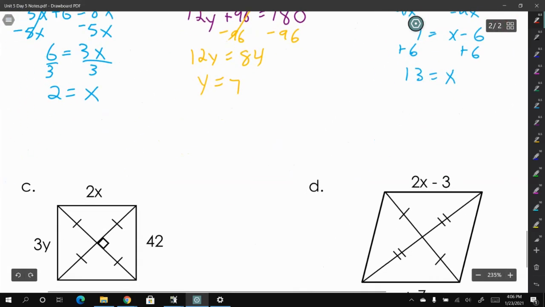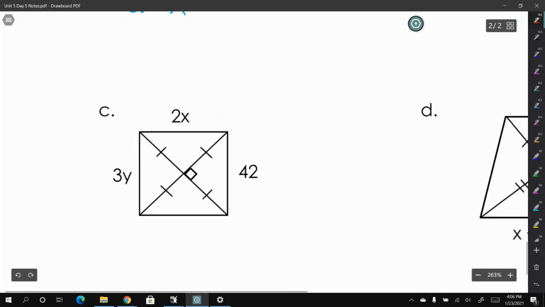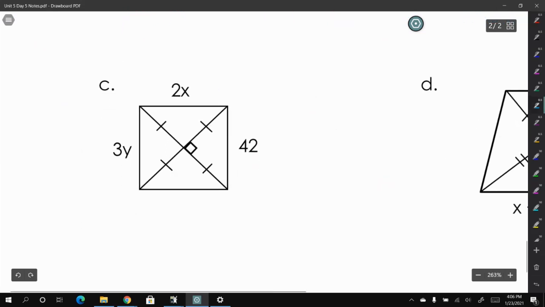Letter C, the diagonals are congruent. That's what these tick marks are. So that means that this is a rectangle at least. But because this is a right angle there as well, the diagonals are perpendicular. That means this is a square. So that means all the sides are congruent.